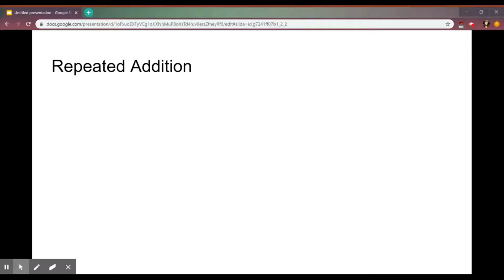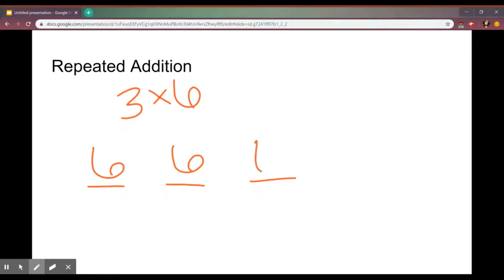So a first strategy that you can use to solve multiplication problems is repeated addition. What that means is if we have a problem and say we have 3 times 6, we can think of multiplication in terms of just repeatedly adding. So that means we have 3 groups with 6 in each.